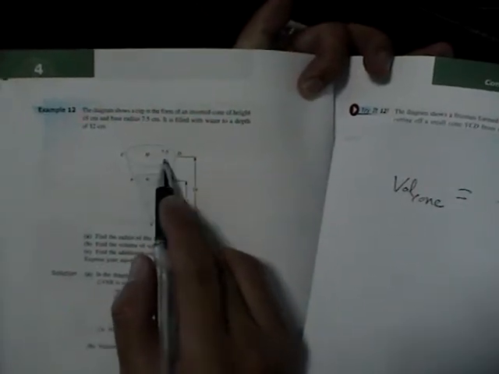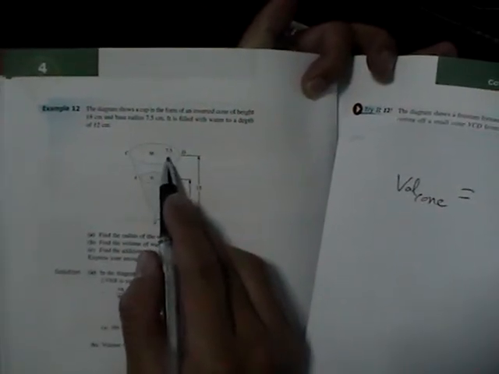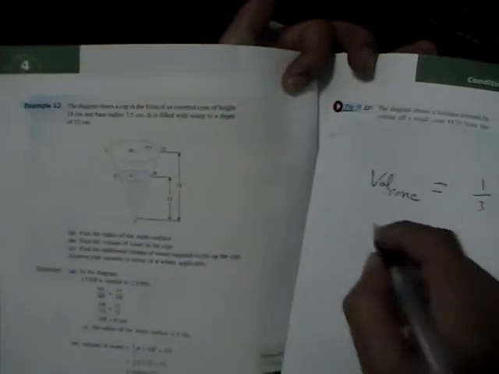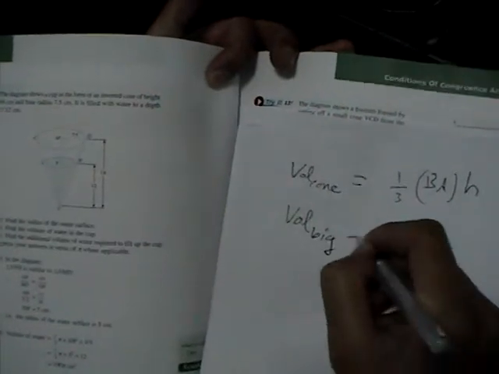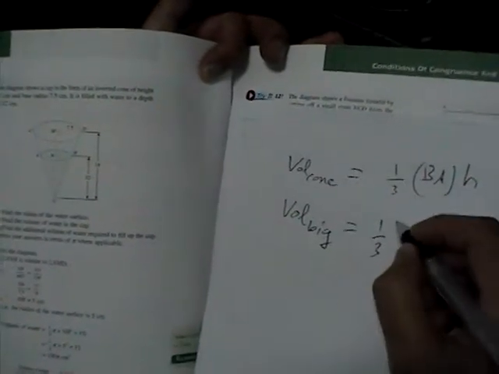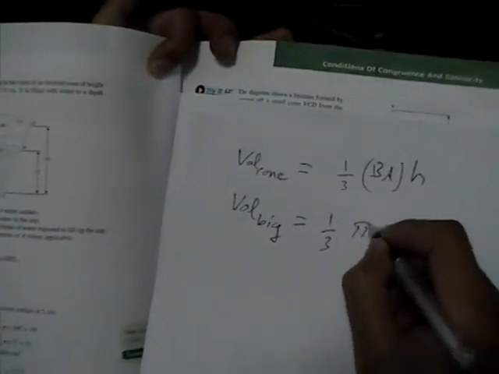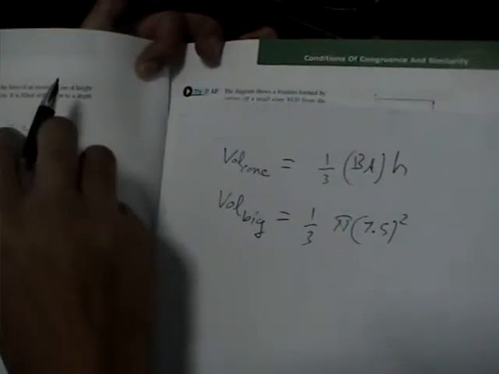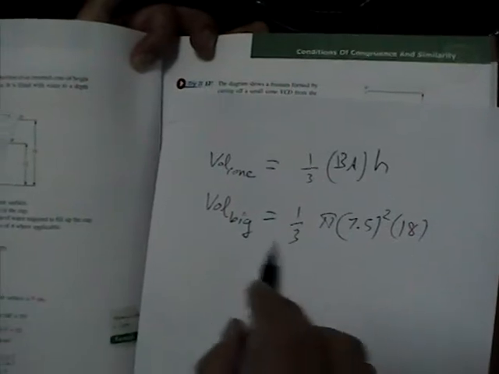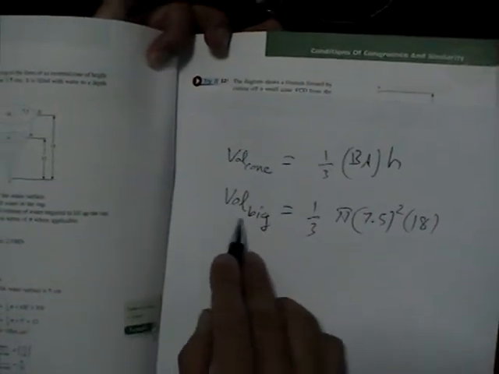So you know pi and you know r, 7.5, so square that one. So let's call it volume of the big cone. Volume big equals 1/3 base area, pi times 7.5 squared, times the height. The height is 18. Okay, that's the big volume.